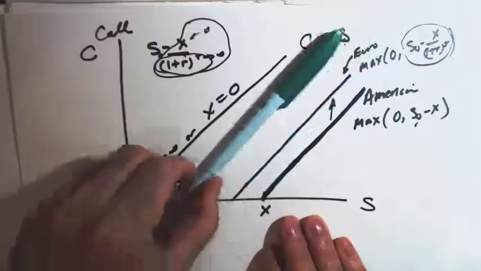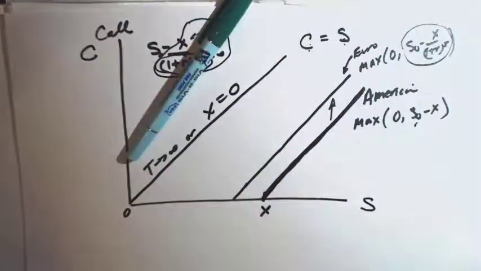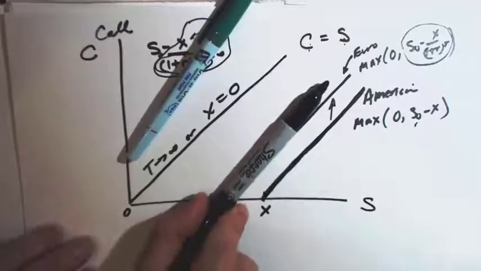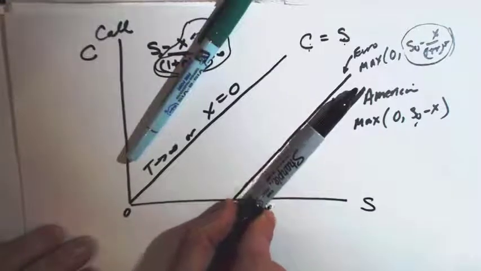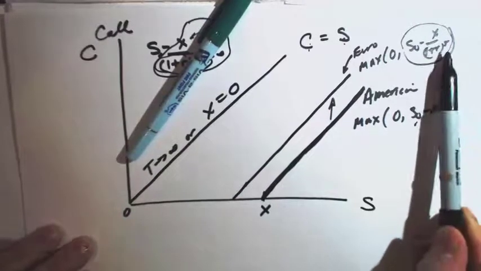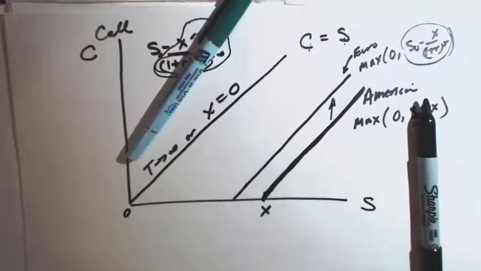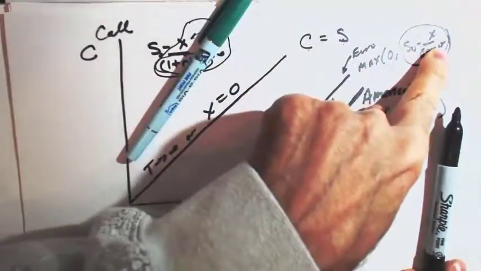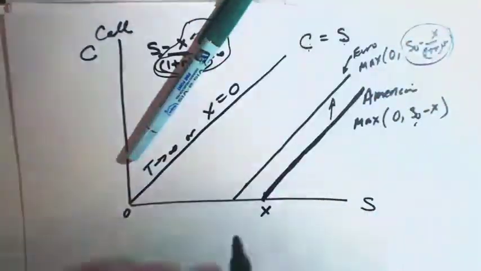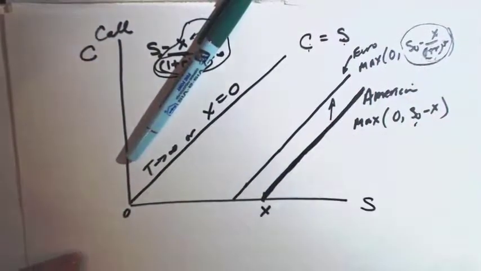This line will slowly sink. This line right here will slowly melt into this heavy line as time matures, because as t goes down, this difference will drop. The difference between these two. As t goes to 0, this whole term drops out.